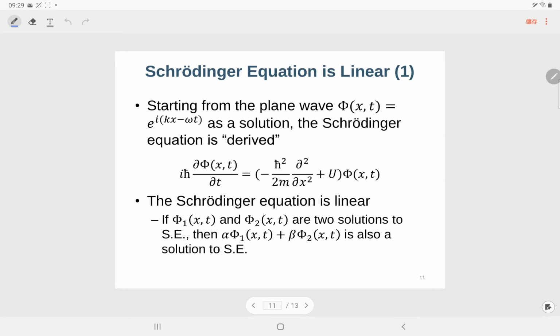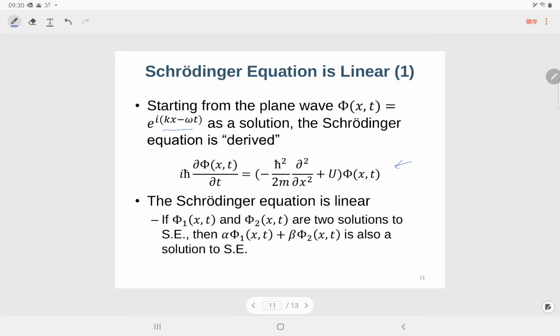So at the very beginning, we assume we have this as the solution, the plane wave as the solution, and then we also make some assumptions like the momentum operator, energy operator, and the conservation of energy, and then we come up with this one. So actually, this one is a linear ODE.